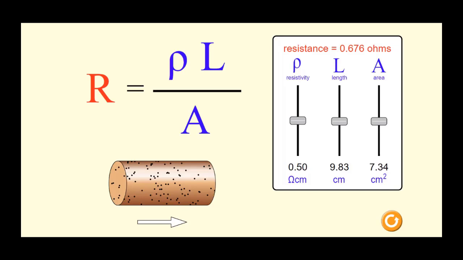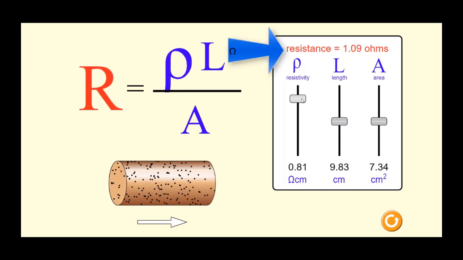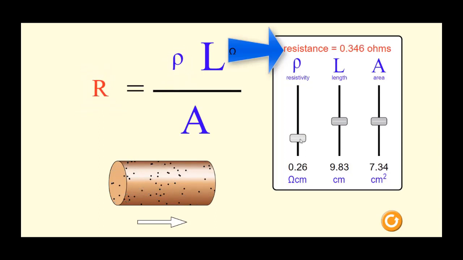Besides the resistivity coefficient that's inherent to the material, and you can see as we adjust the resistivity that the resistance of this piece of copper or whatever it is changes. Now the resistivity is lowering.